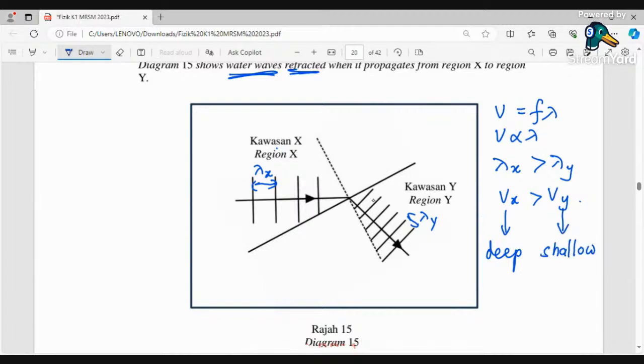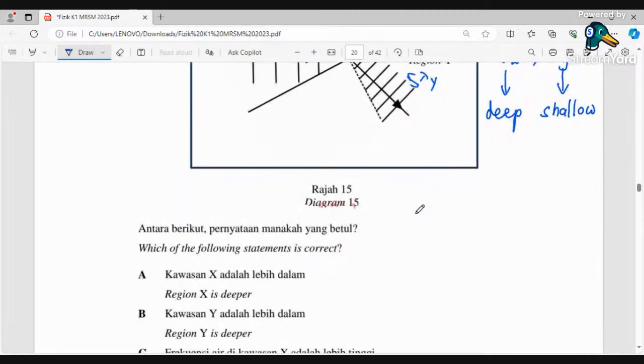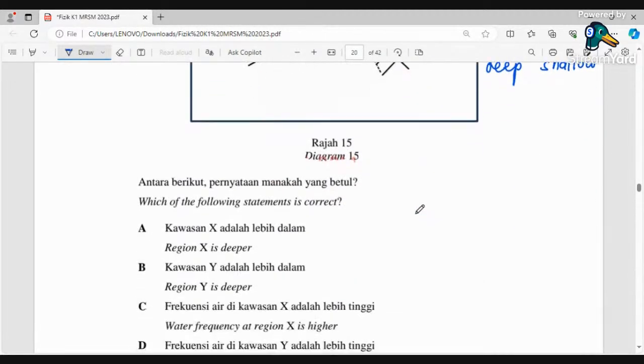Kita tahu velocity of water wave atau speed of water wave depends on depth. Okay. Kawasan ini dia lebih dalam, deeper region. Ini shallow region. Okay. So X is deeper.